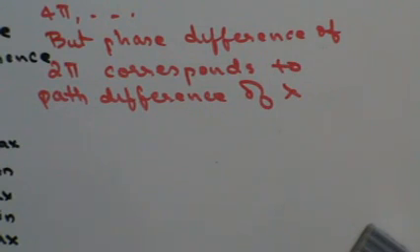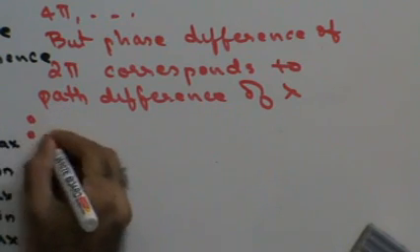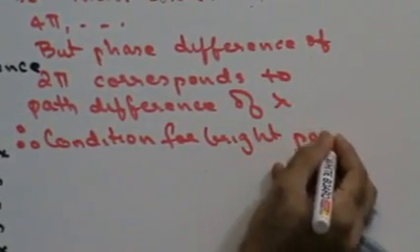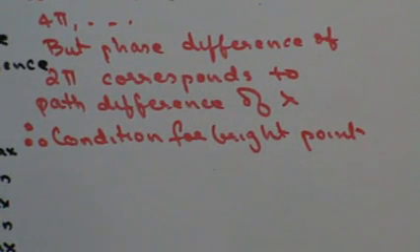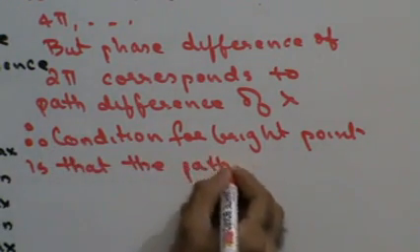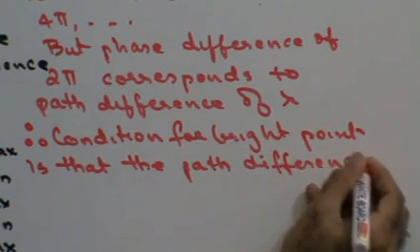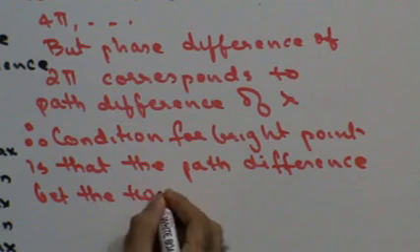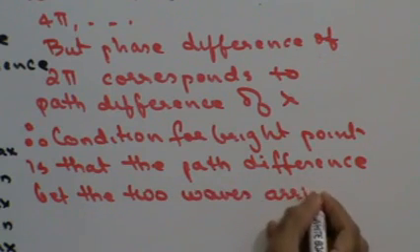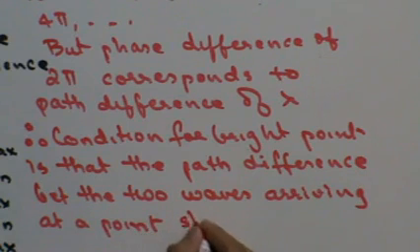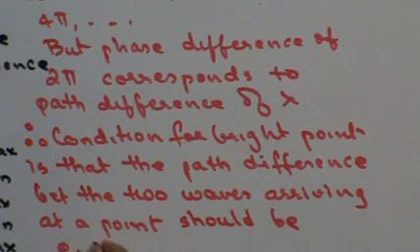That means therefore I should say that the condition for bright point is that the path difference between the two waves arriving at a point should be either 0, lambda, 2 lambda, 3 lambda and so on, right?